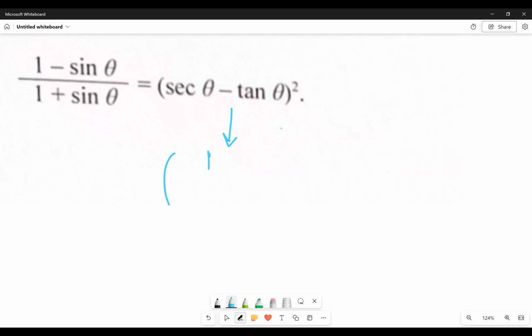So that's 1 over sine, 1 over sine of theta minus, and then tan now is sine over cosine.